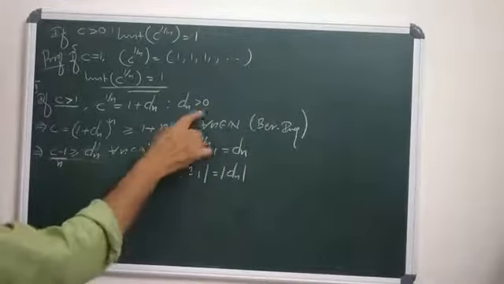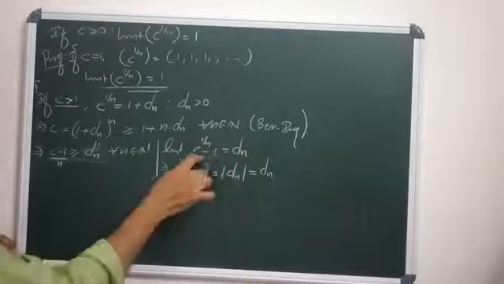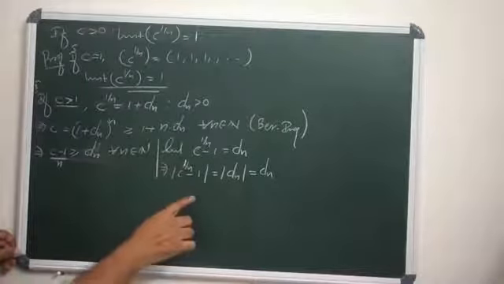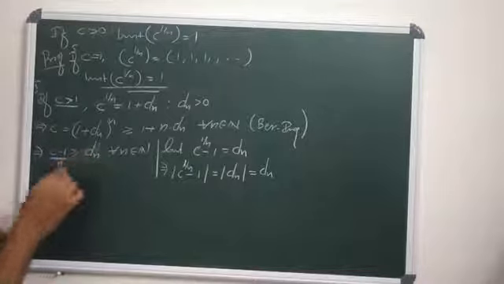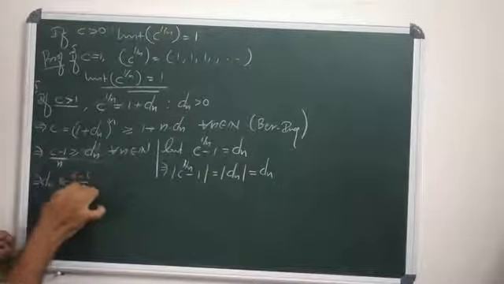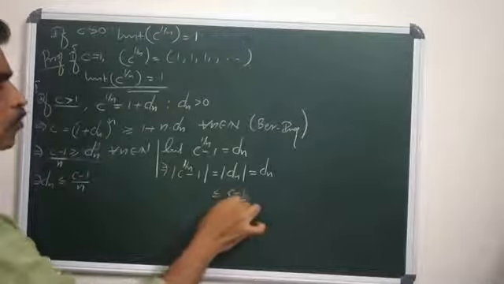What is dn? dn is a positive real, so it is dn. But this dn, according to this argument, is less than or equal to c minus 1 by n.